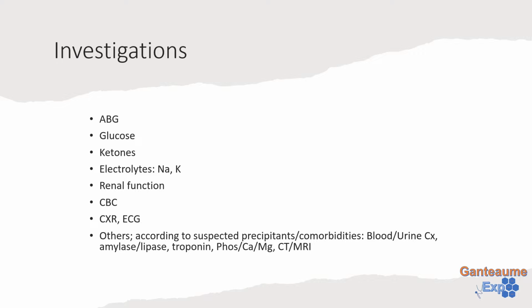Then electrolytes, renal function, and ECG are looking at fluid or dehydration status, as well as evidence of electrolyte disturbance. And the remaining investigations, like your CBC and a chest x-ray, and the ones in that other category at the bottom, are really trying to exclude some of the main precipitants.